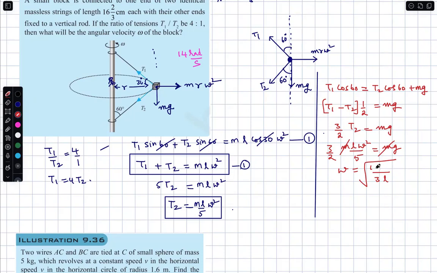We got omega as root of 10g by 3l. That is what you want actually.